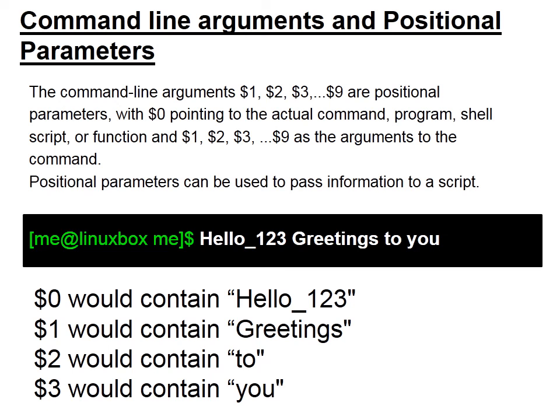The positional parameters can be used to pass information to a script. If we consider this example, $0 would contain hello123, $1 would contain greetings, $2 would contain the word to, and $3 would contain the word you.